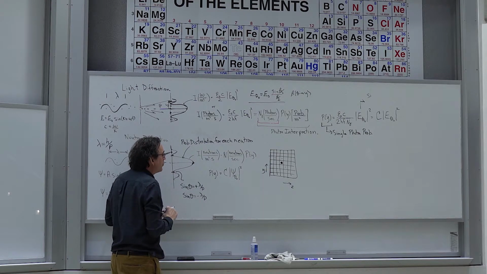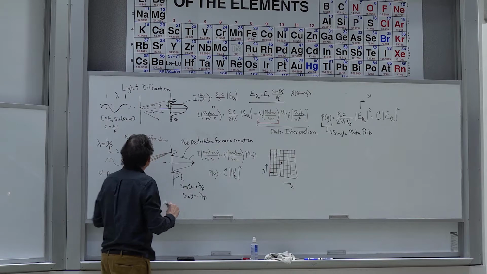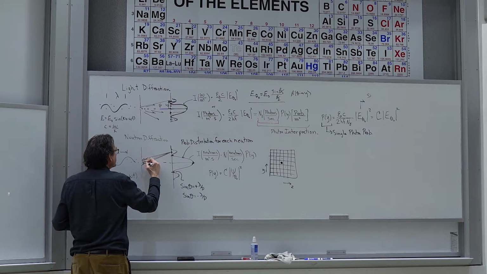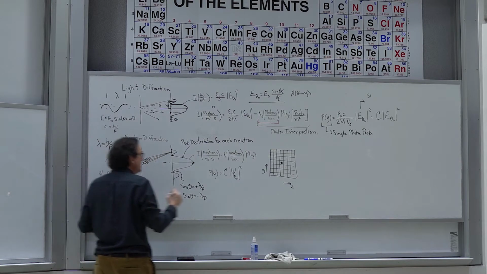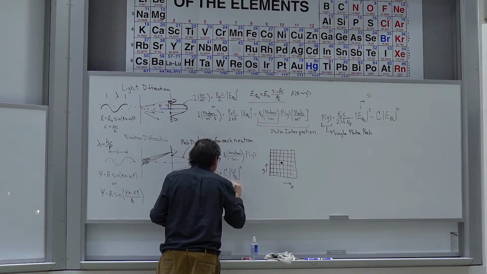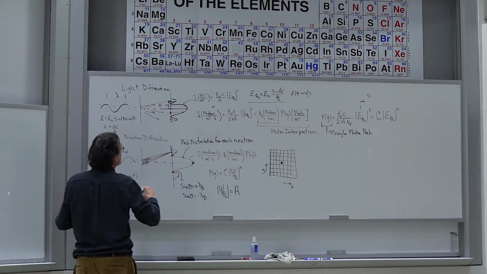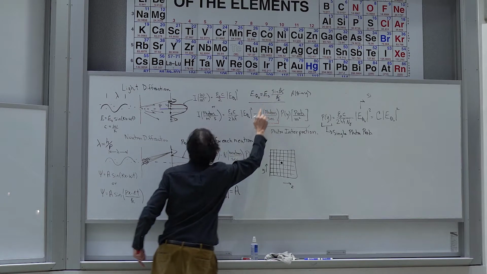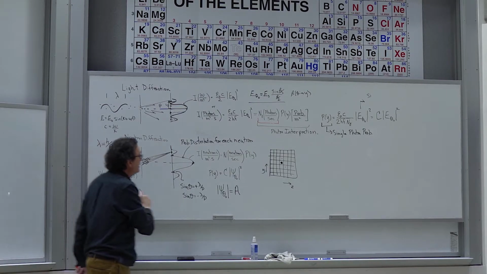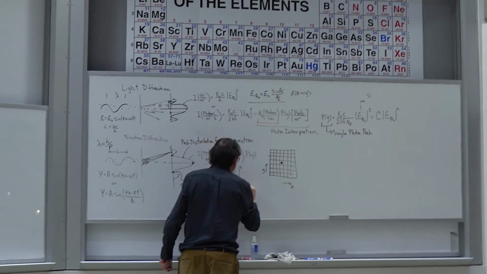And furthermore, because this is acting like a wave, and I get waves that are adding up with certain displacements, I can say that the amplitude of the wave is exactly the same as I had before, with this amplitude E0 here replaced with this amplitude A, and the rest is the same.